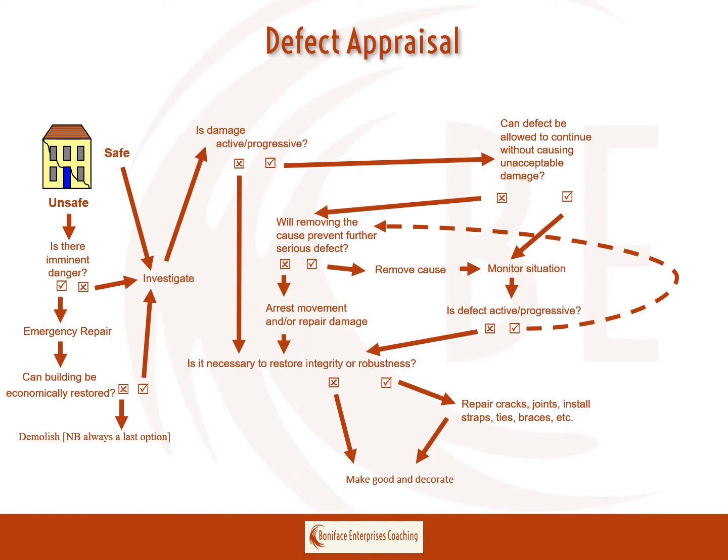We should always remember that everything deteriorates with age. We can't actually stop deterioration, but what we can do is manage that process of ageing and ensure that the building deteriorates as slowly as possible. And it is by taking this approach that we protect these buildings and preserve them for future generations.